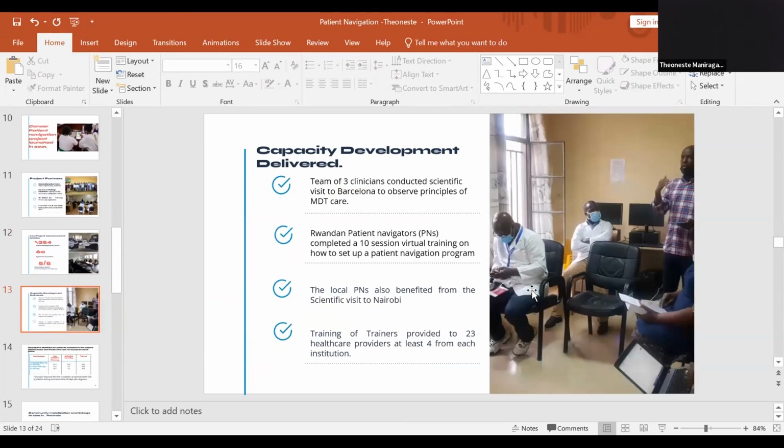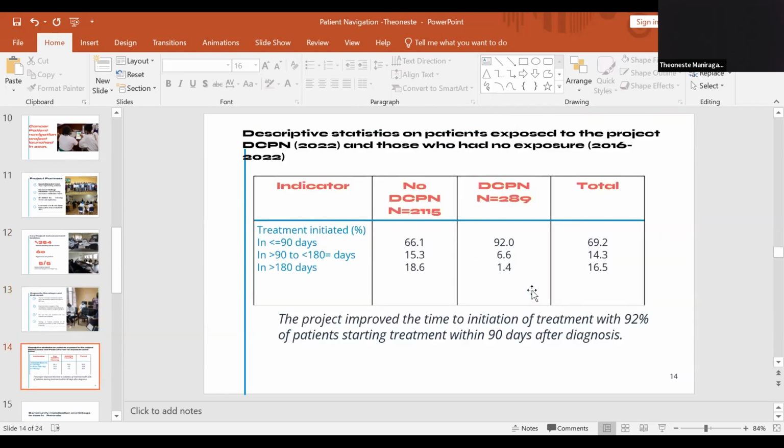We have conducted training for healthcare professionals, radiologists, surgeons, radiation technicians, medical physicists, oncology nurses, and radiation oncologists, all to understand the project and what it aims at, so that we'll be working with the navigators. An achievement is that the time to initiate treatment was decreased.